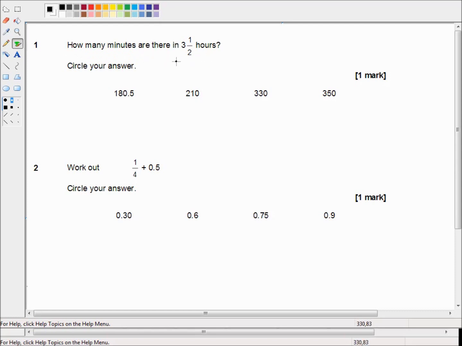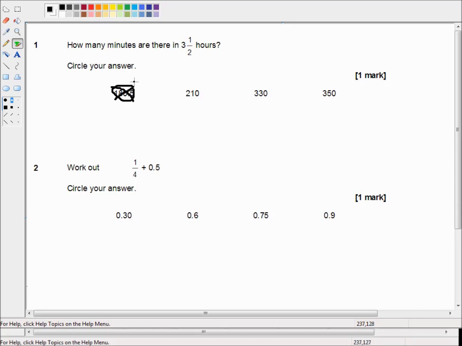A lot of people seem to get this one right when they took the exam, according to the examiner's note. I'll just give you all the wrong answers first. Some people might have panicked and thought, oh well, there's a half on the end of it, and a half is 0.5, and the only answer that has a 0.5 on the end is this one, so this might be the right answer, and that would be wrong.